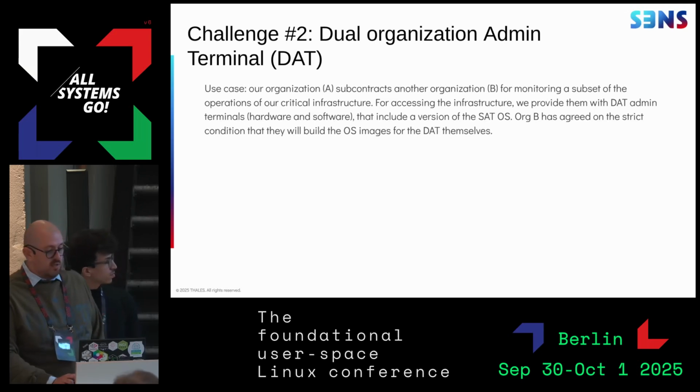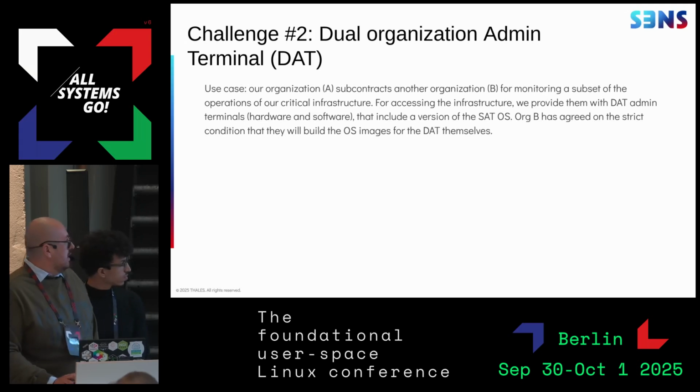The second challenge is a dual-organization admin terminal. You have two organizations, A and B, and the first organization subcontracts to the second to help monitor a subset of operations of the critical infrastructures.